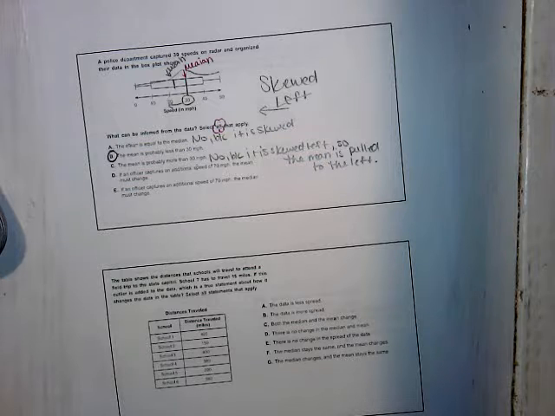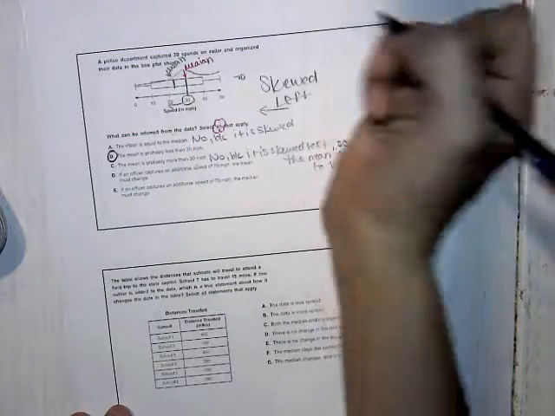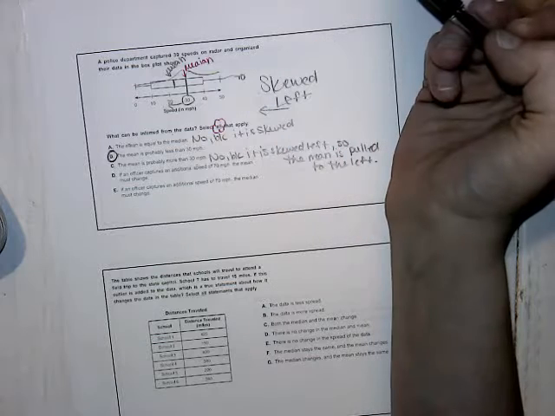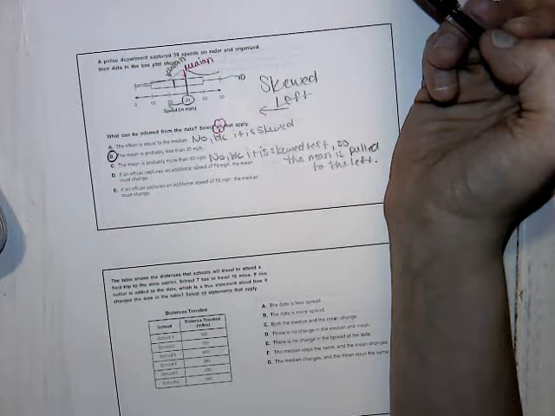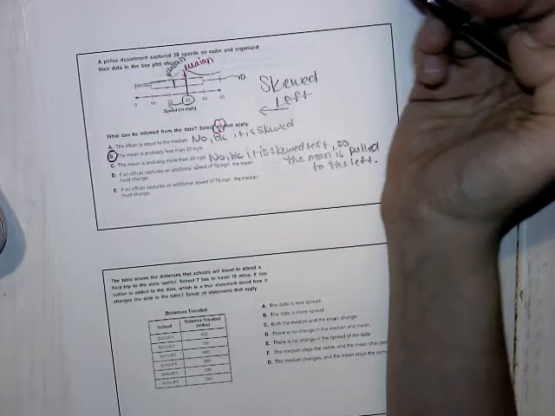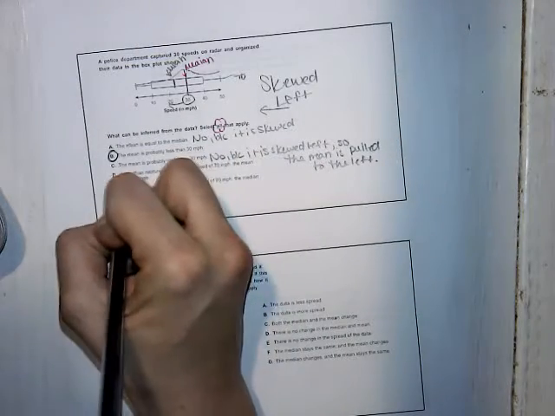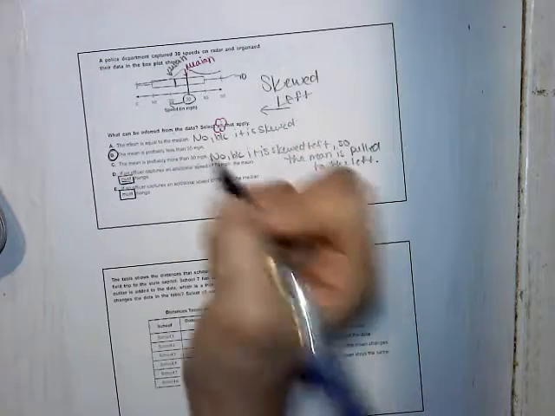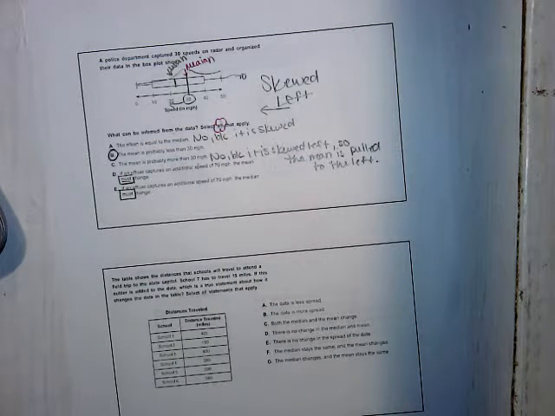If an officer captures an additional speed of 70 miles per hour, the mean must change. So 70 is over here. So we're looking at this must change here. It's important that you see these words in here because it's saying it has to change.